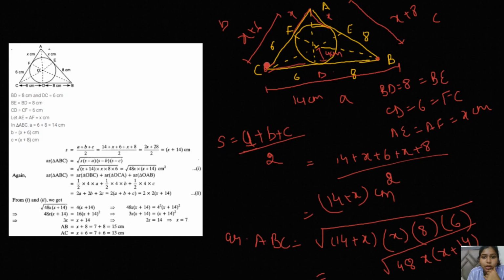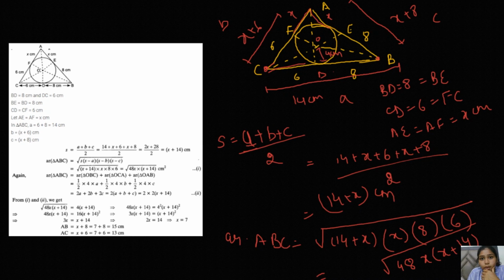So if we go back to the question and consider this particular thing, the area of ABC will also be equal to this area and this area. This is O, so OAB, OBC and OAC.